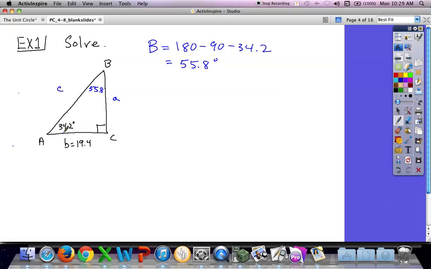Just set up a trig function that you can solve. Any quick cosine? Which one? Cosine of what? Equals what? Okay, that's one option. You could say cosine of 34.2 is 19.4 over C, right? Adjacent over hypotenuse.